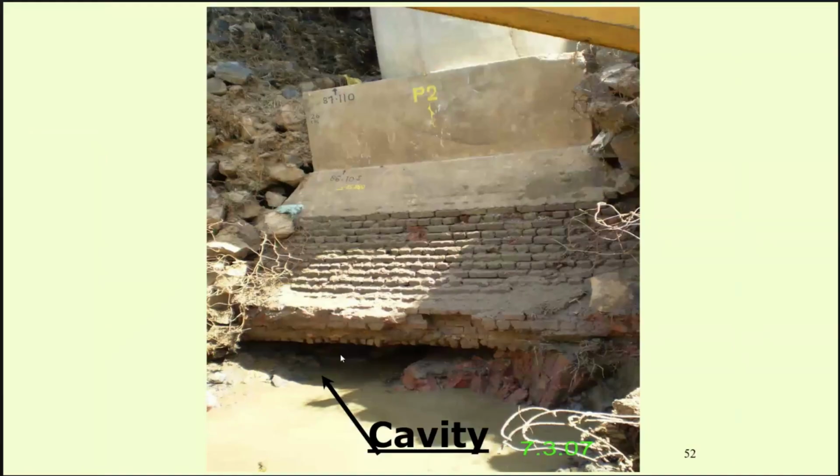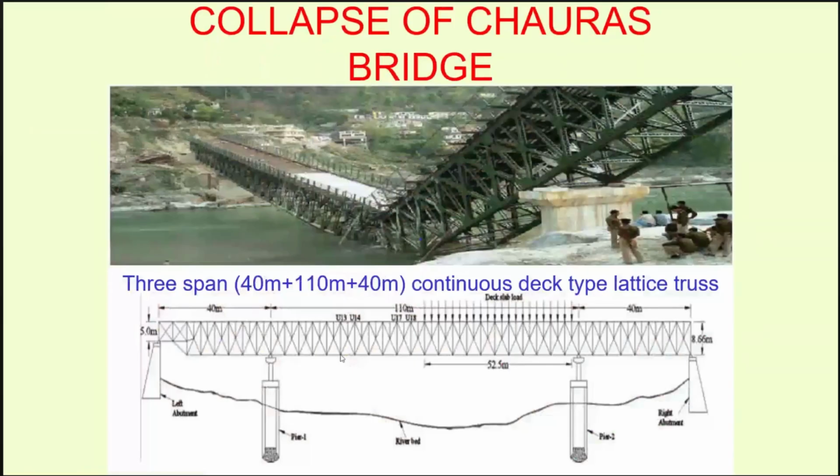This is another case of failure during the fabrication and erection of a bridge. It mainly happened because of not understanding the behavior of the bridge, and the entire erection scheme was faulty. You can see here at the support, the girder has been simply lifted. So what does it say?